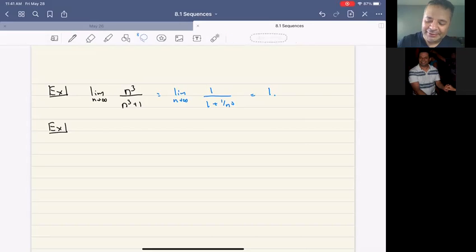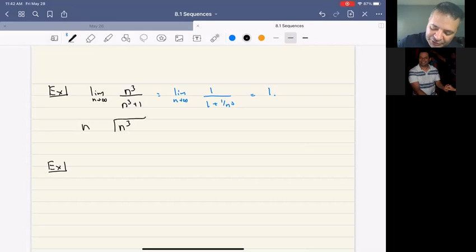Let me give you a hint if you did decide you wanted to look at that. I would do the division of n cubed over n cubed plus 1. You're going to get 1 minus 1 over n cubed plus 1.